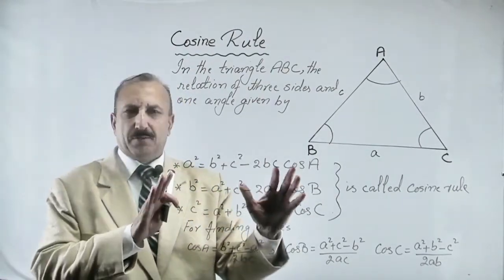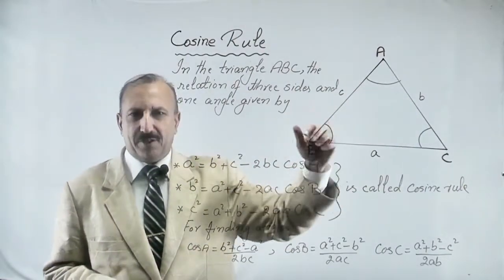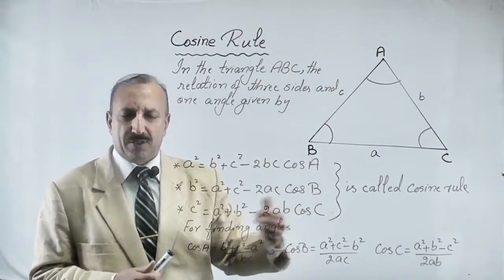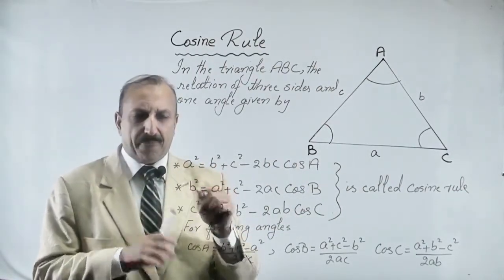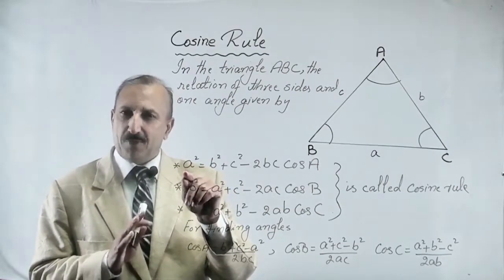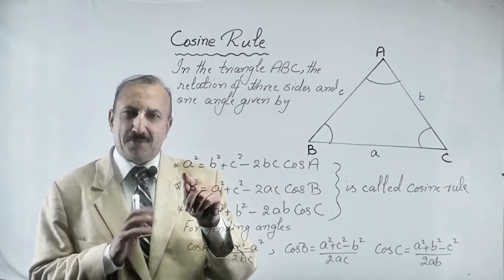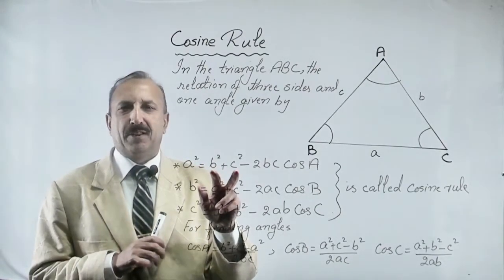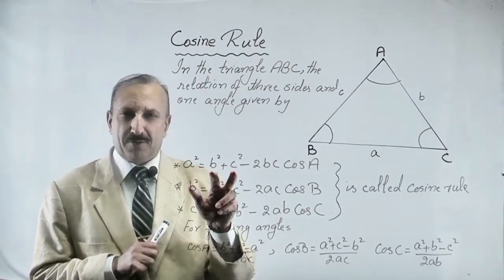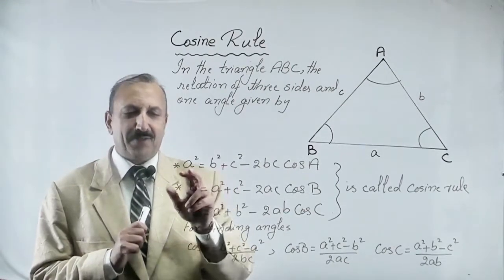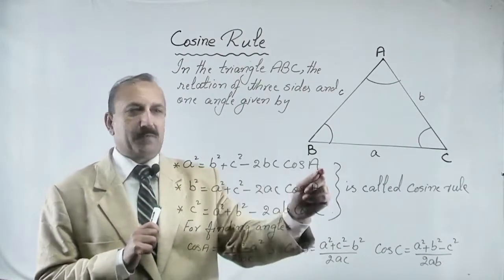These formulas are the representation, my dear students, when the alphabets are there. You can label by yourself in any question, but in general the concept is, if you want to find one side of a triangle which is not a right angle triangle, then two sides must be given in that triangle. Then we can operate this formula. If two sides are given, one angle is given, and one side you are supposed to find, then the angle of this side must be given.